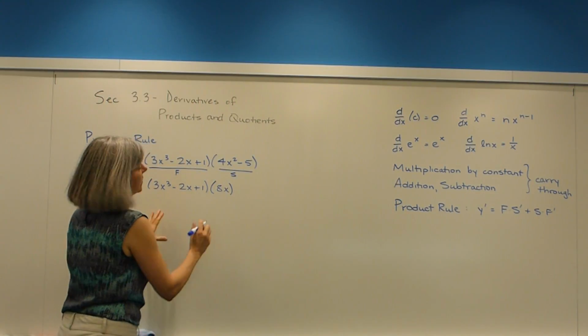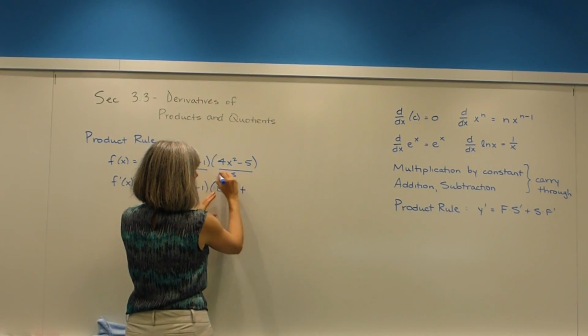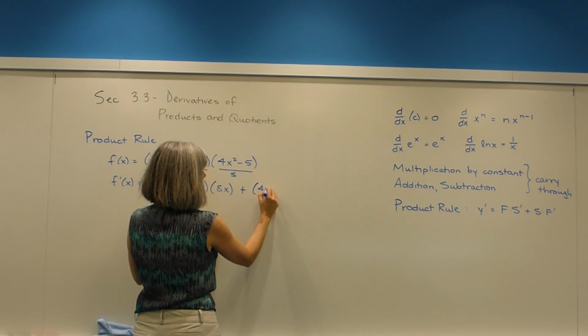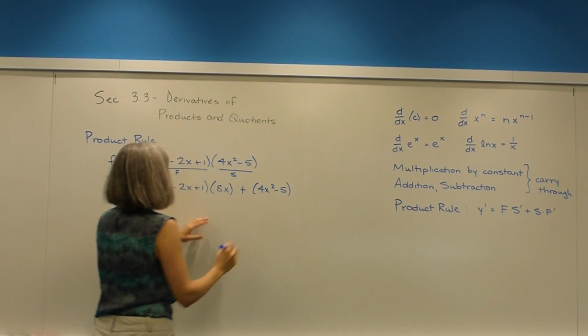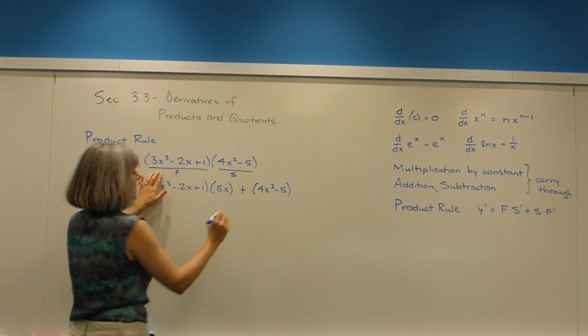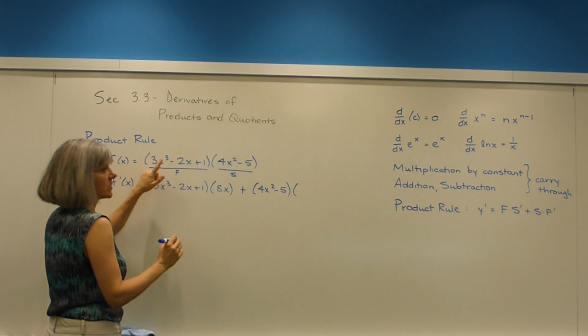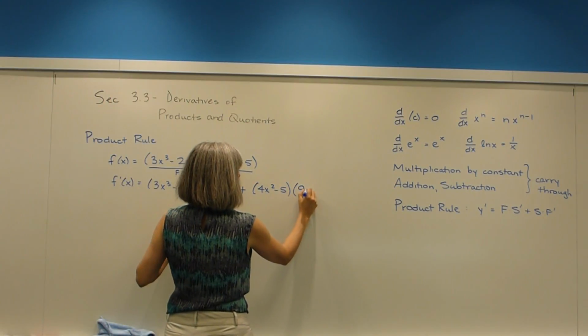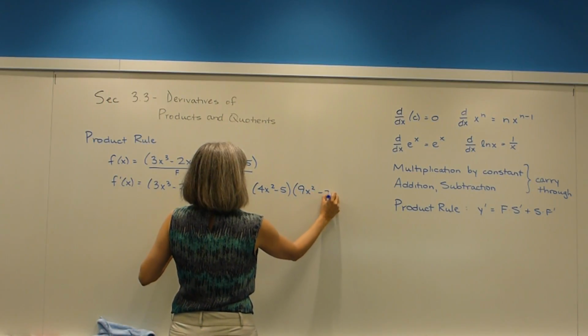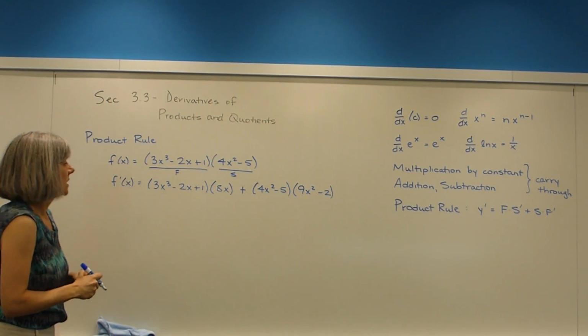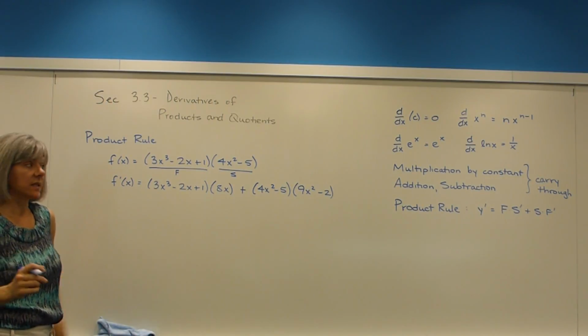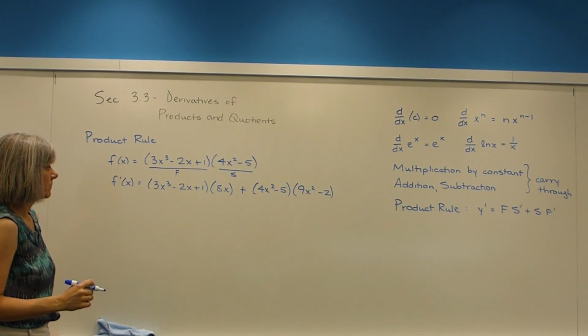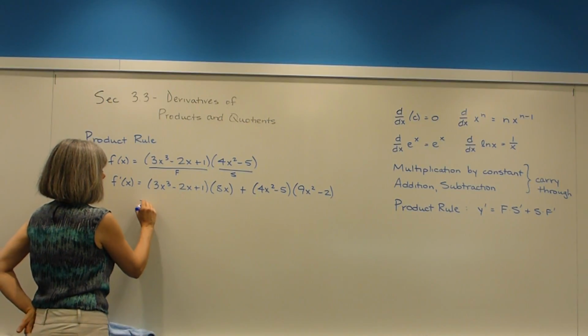We are not done. So we need our second term, which would be our second function, times the derivative of the first function. So 3 times 3x squared, 9x squared, minus 2 plus 0. And then we do need to multiply this out. All right, we'll go ahead and do that.